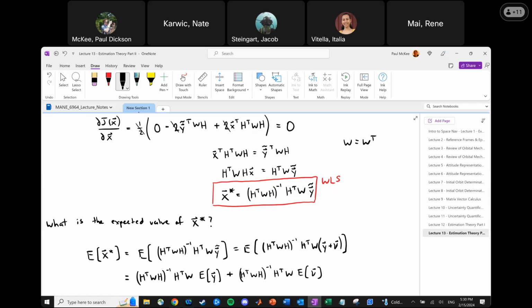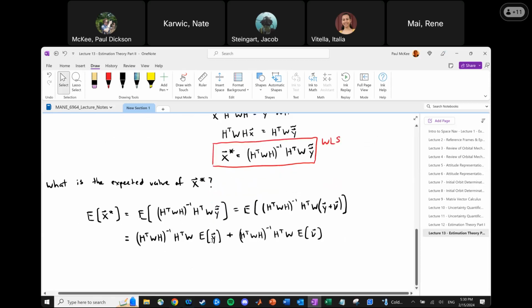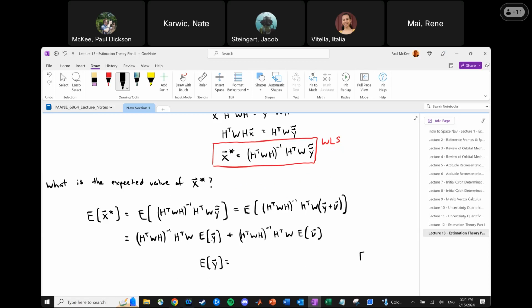Okay, so somebody remind me, y is our perfect measurement, right? It is a theoretical thing that we never actually get to interact with, but mathematically, it is our measurement if there were no noise. And it's not a random variable, it's just itself. So what is the expected value of y in that case? If y is not a random variable, we know that the expected value of just, I don't know, the number 2 is 2, right?